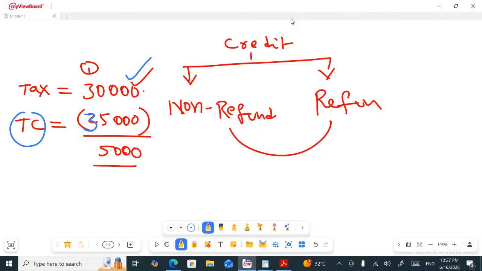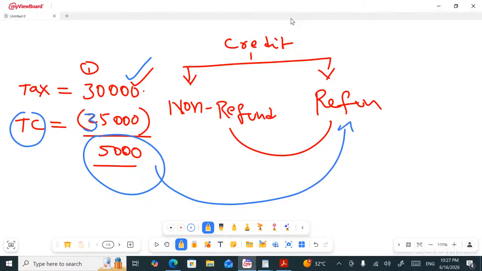So we have a surplus amount of 5,000. In some cases, this 5,000 will be paid by the government to the taxpayer. That is technically called a refundable credit. If the 5,000 will not be paid to the taxpayer, simply we have to forget about that 5,000. That kind of credit is called a non-refundable credit.